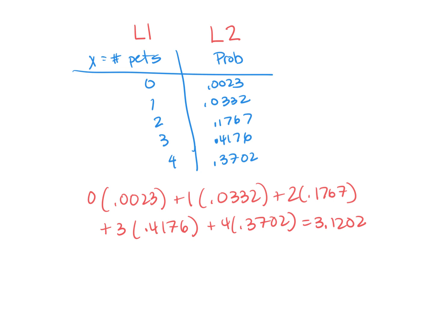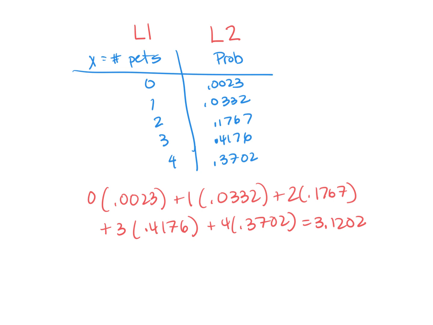And then hit 0, 1, 2, 3, 4. And then put in these percentages, 0.0023, 0.0332, 0.1767, 0.4176, and then 0.3702.